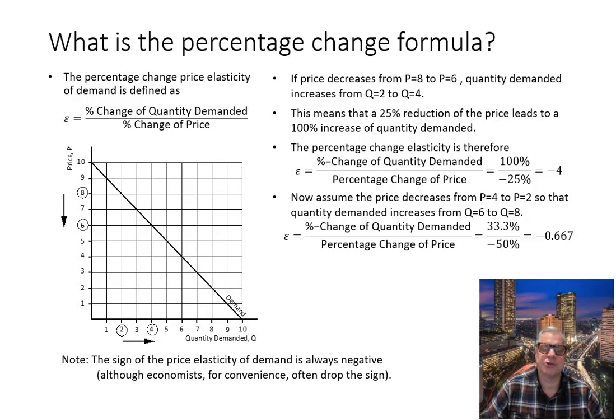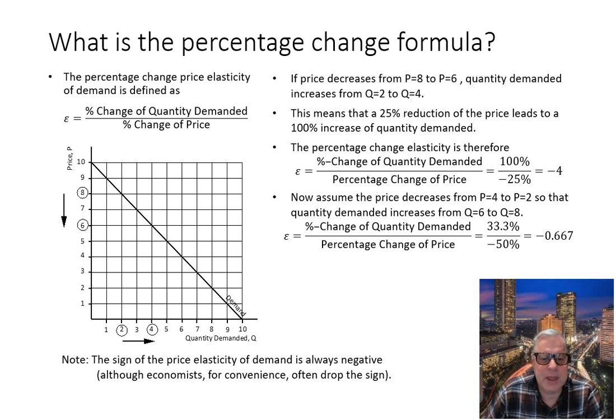Let's start with the percentage change formula of elasticity. Again, the percentage change price elasticity of demand is defined as the percentage change of the quantity demanded over the percentage change of price. We want to know, if a firm changes the price, or if a price change occurs in the market, by what percentage does the demand increase? So let's assume we currently have a price of 8 and we lower the price from 8 to 6.